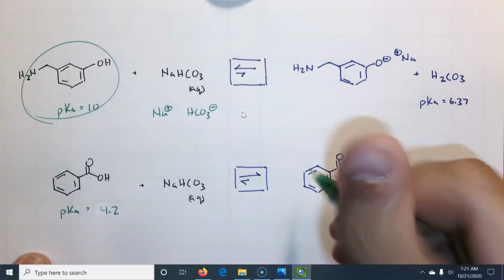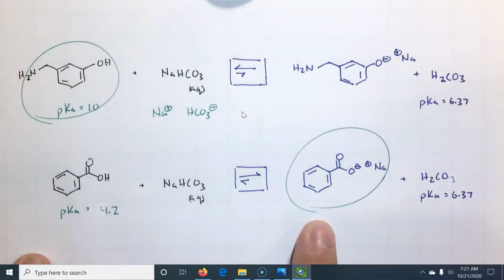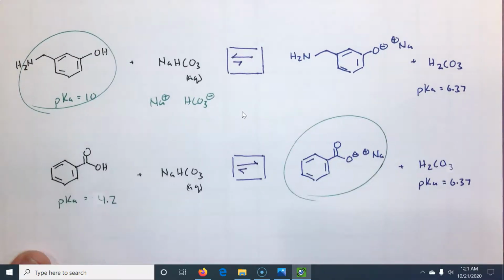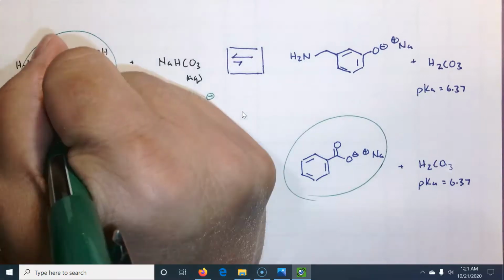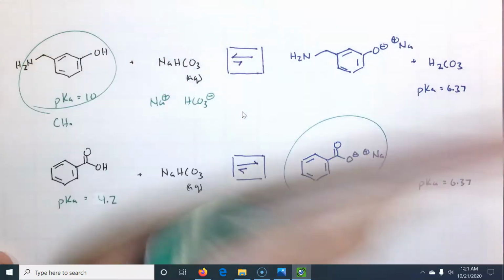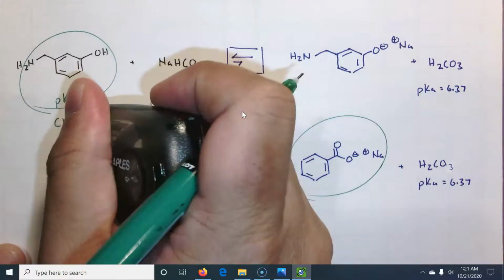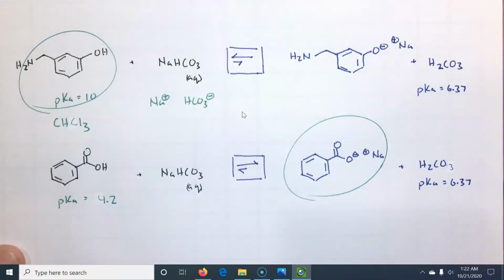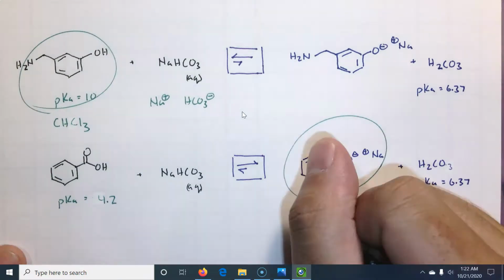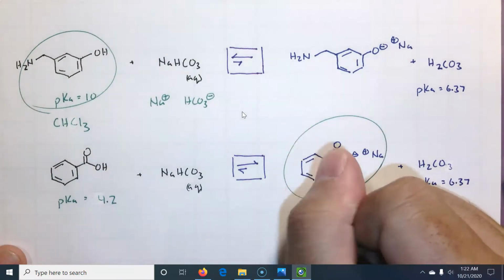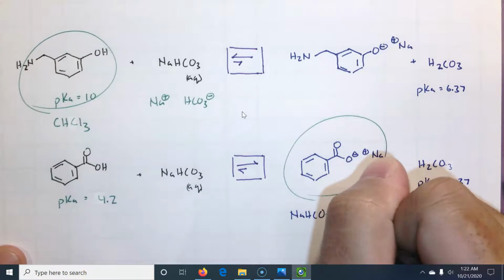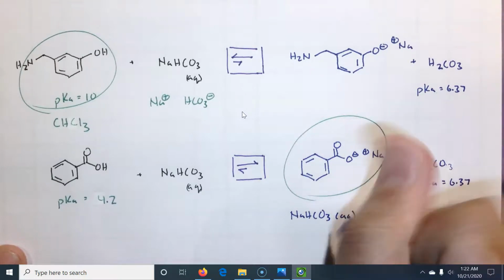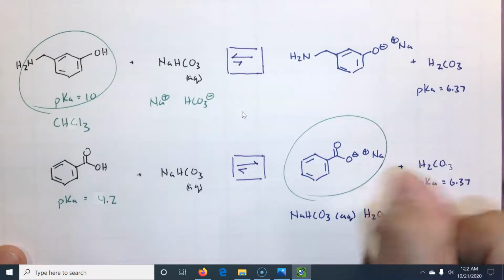So now I have this as the predominant form of the benzoic acid. This dude still stays in chloroform, CHCl3. This one is now in basic water, but more specifically, NaHCO3 basic water, and it's soluble.